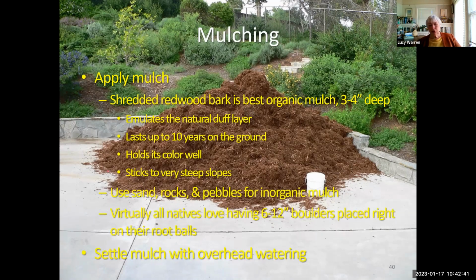For inorganic mulch, you can use sand or rocks or pebbles. And again, I mentioned the 6 to 12 inch rocks or boulders at the root ball. And then you will settle the mulch with an overhead watering. Just by hand, you can settle the mulch. It won't be quite as dense. It'll mat the mulch down. And this also will help reduce the weeds in the landscape.